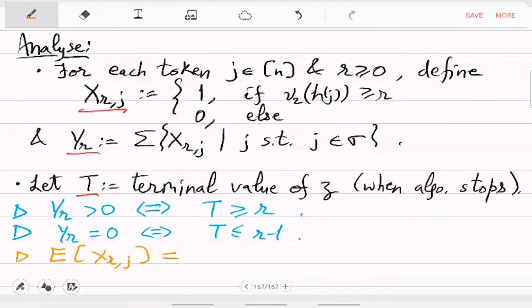Something about the expectation. What is the expectation of x_rj, this indicator variable? The random thing here is the hash function h. As you change h, what is the chance that the valuation is at least r? That is the probability that 2 raised to r divides h of j.